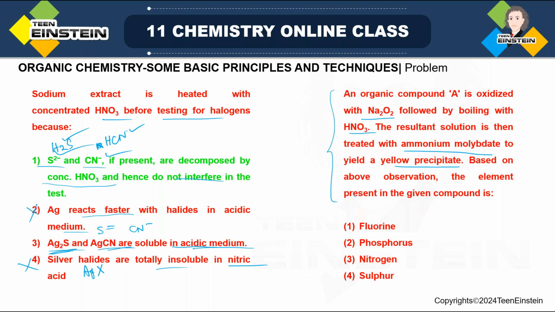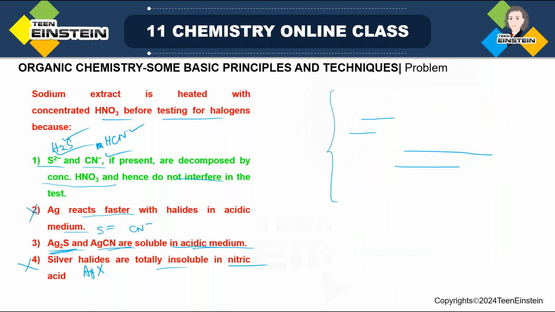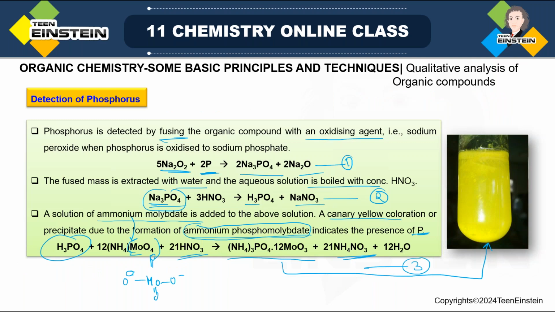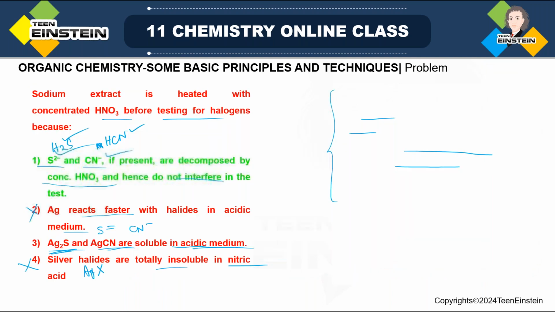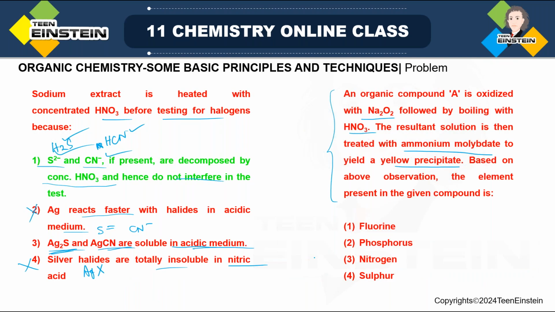This information is basically explaining the experiment that we have just learned. First step, you are using an oxidizing agent, sodium peroxide. Second step, you are boiling with HNO3. Third step, you are adding ammonium molybdate. You are getting a precipitate. This is for phosphorus, so the correct option would be phosphorus.